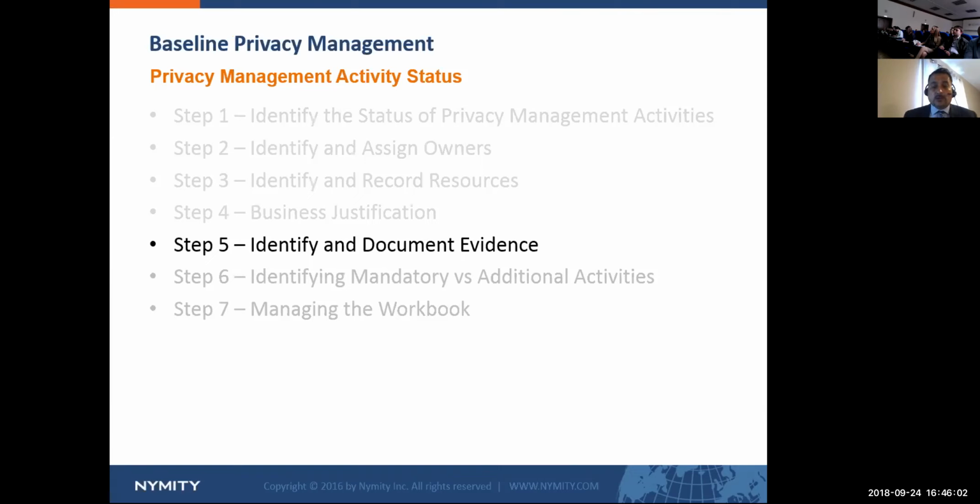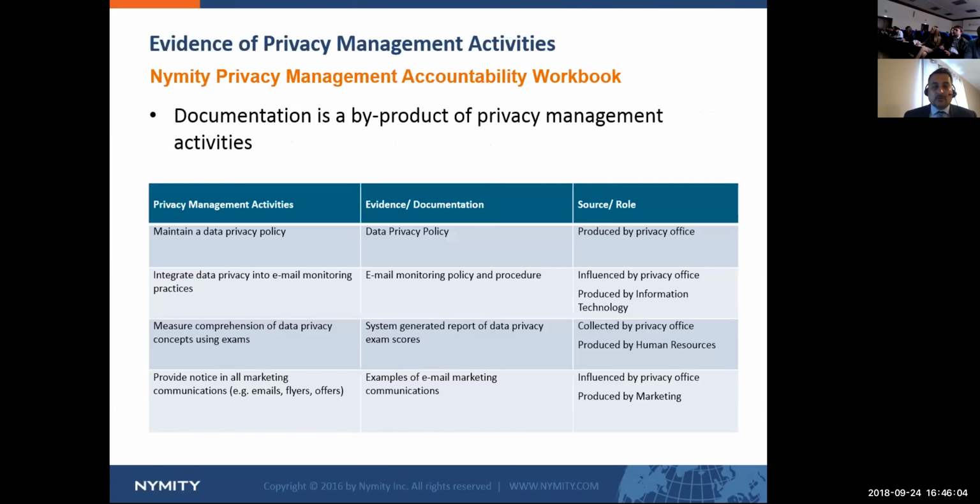And so what we talk about here as an example is the evidence that you can provide to show compliance with any of these activities. So as an example, maintain data privacy policy as the activity. The evidence is your data privacy policy. Integrate data privacy into email monitoring practice.